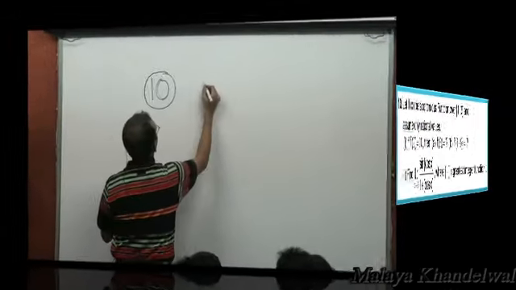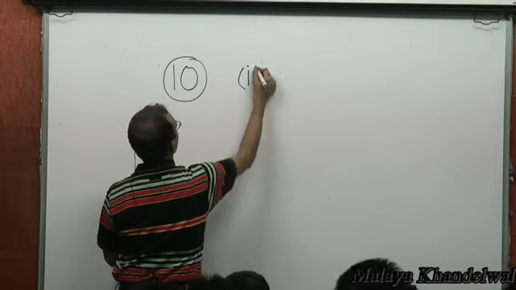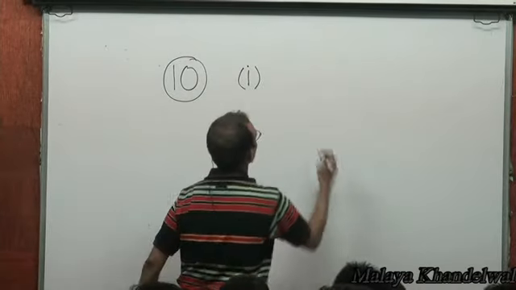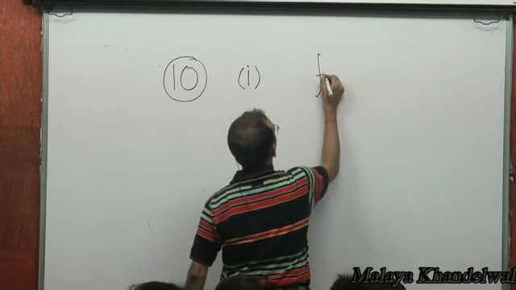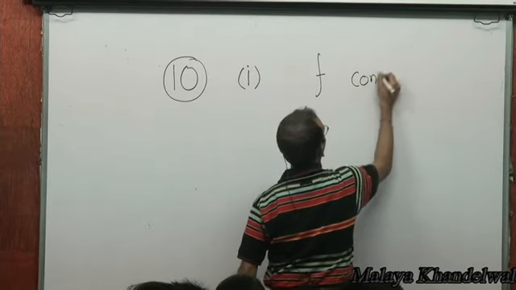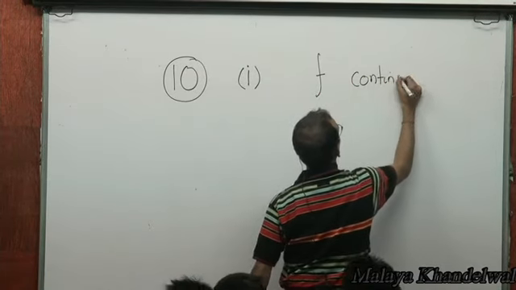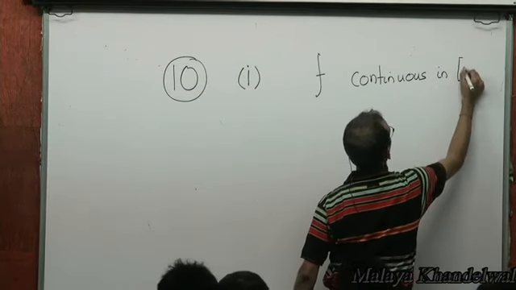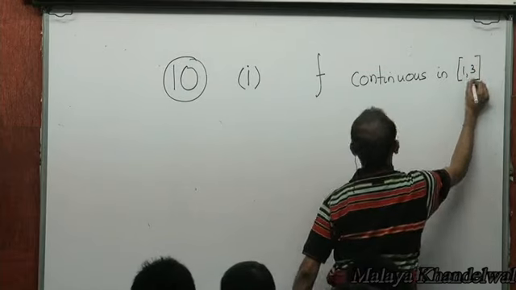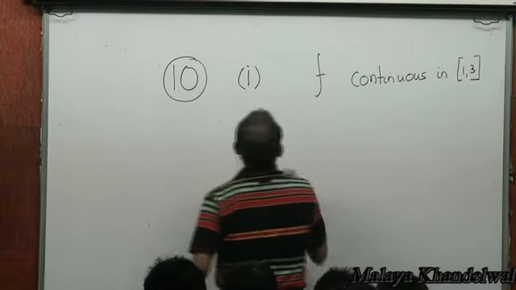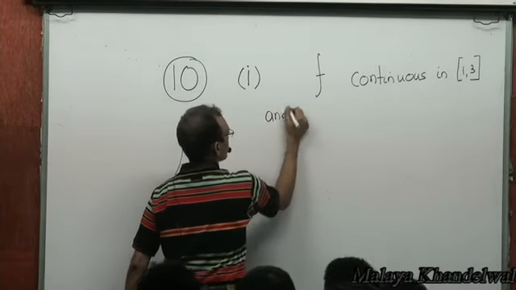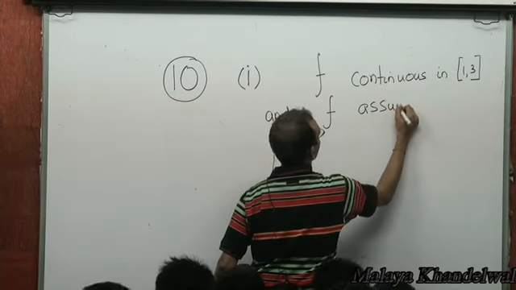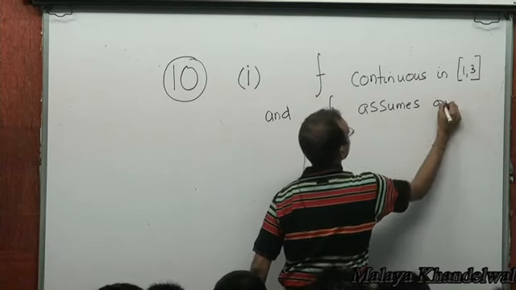Part 1. Fx is a continuous function in the interval 1 to 3, and Fx assumes only rational values.